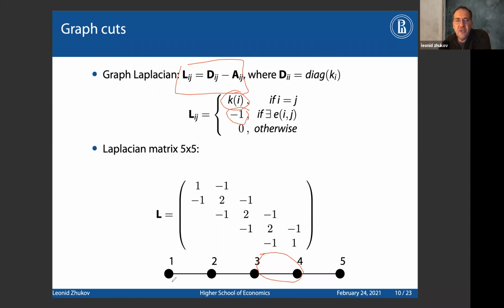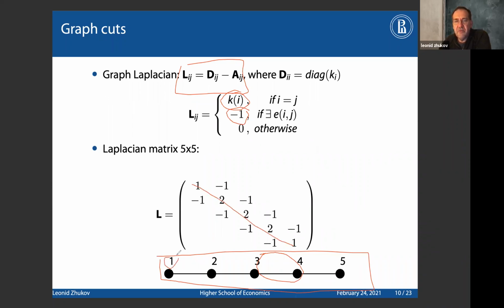If I look at this graph itself, you can have an adjacency matrix for this graph, which is going to have ones only for the nodes that are connected. And then the Laplacian matrix looks the following. On the diagonal, we have node degrees.